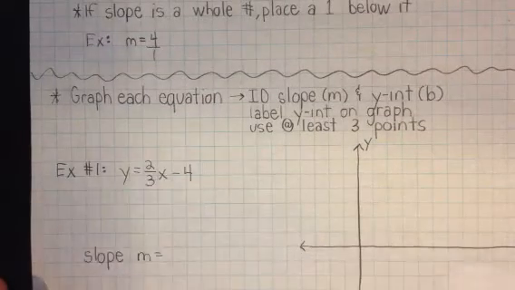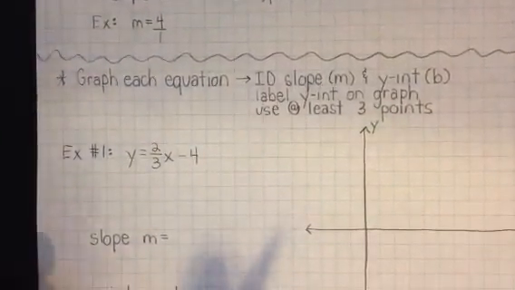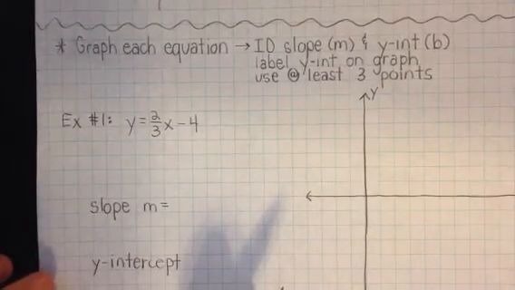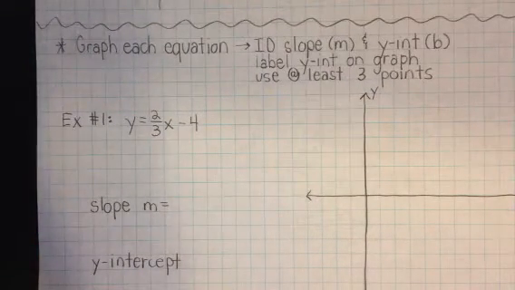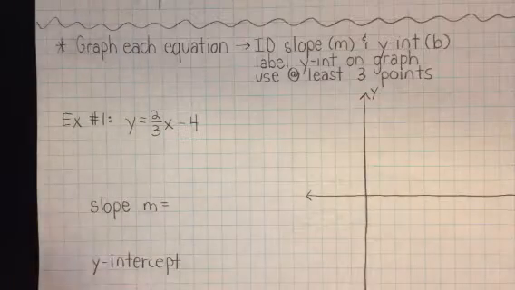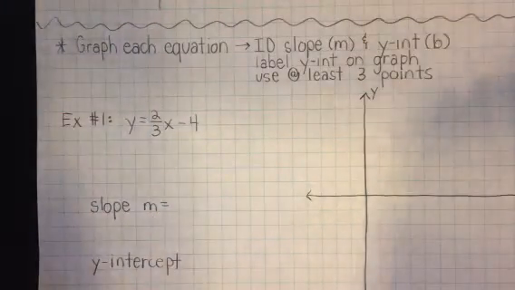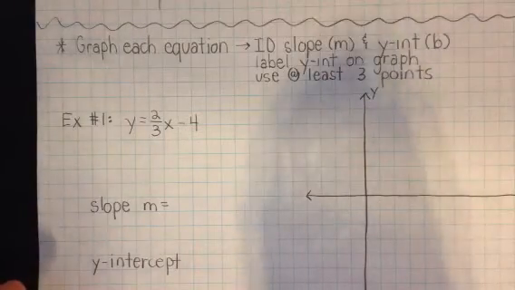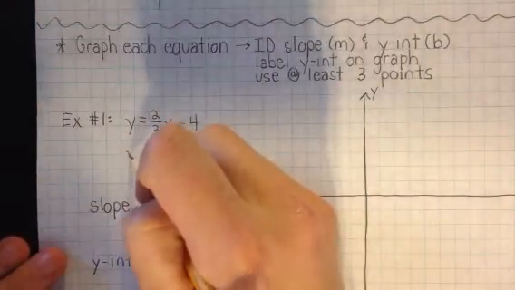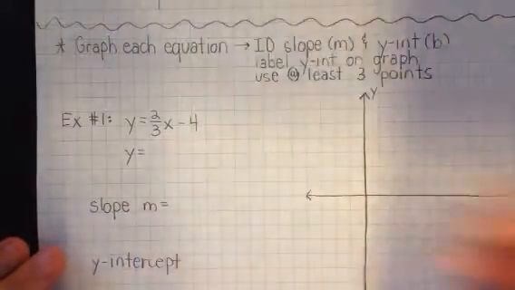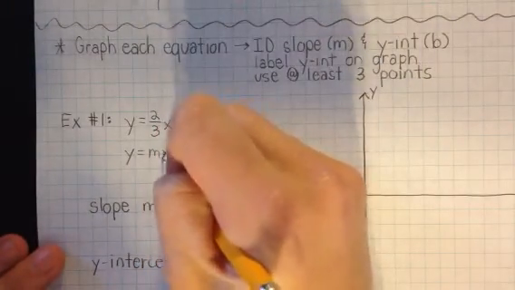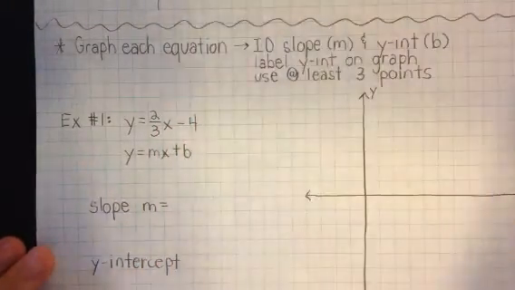Alright, so example number 1. Example number 1 is y equals 2/3 x minus 4. Well, you get lucky on step 1, it's already in y equals form. So step 2 is to identify the slope and the y-intercept. Just right below this, I'm going to write slope-intercept form, which is y equals mx plus b.